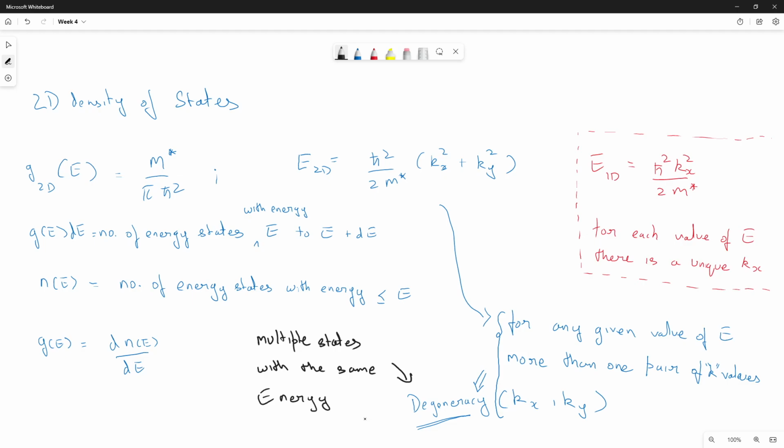Okay. So this is the general definition of degeneracy. So this statement, does this also imply degeneracy? This statement here that I've written on the right hand side.